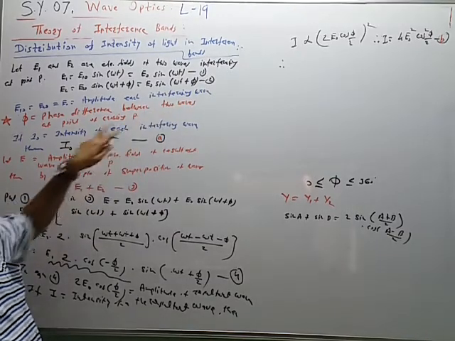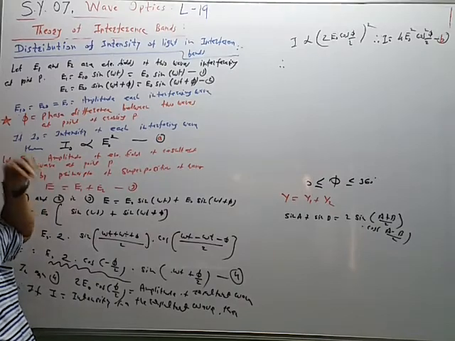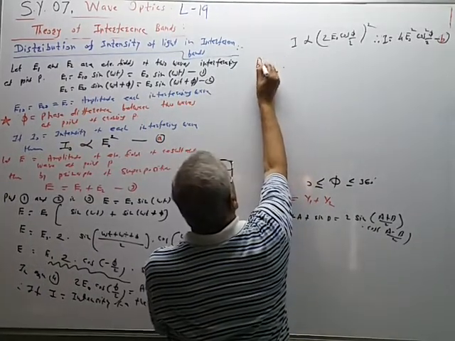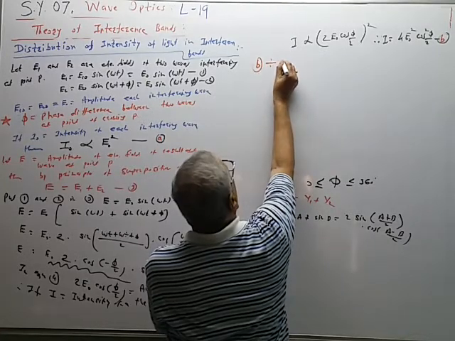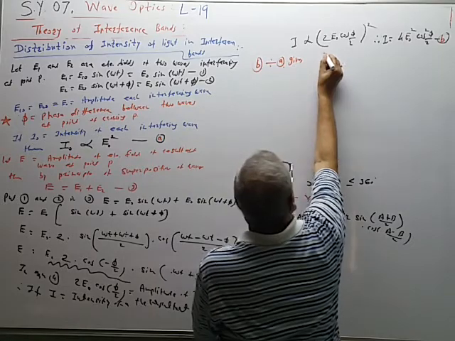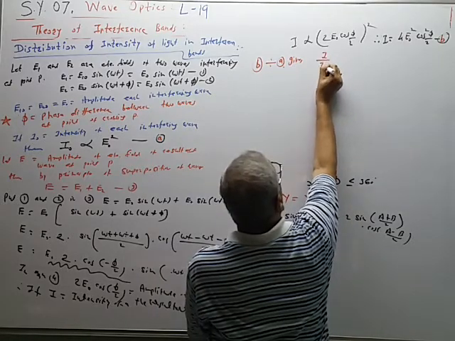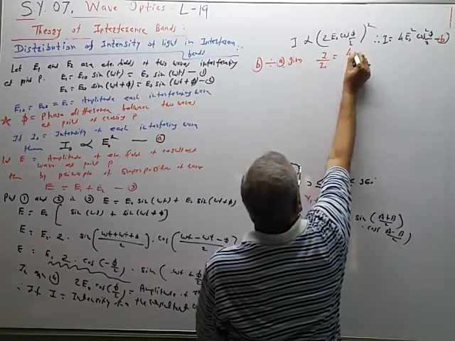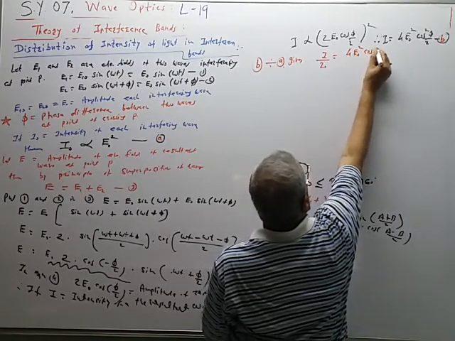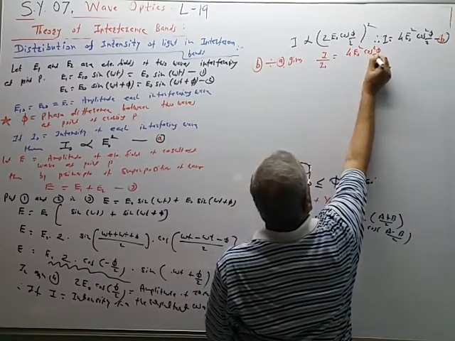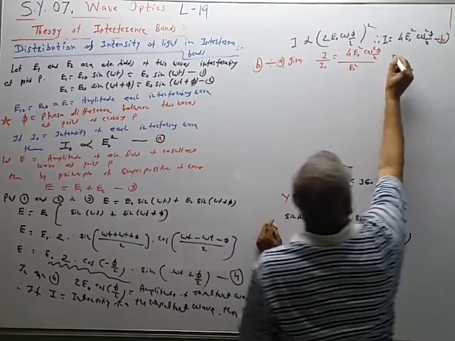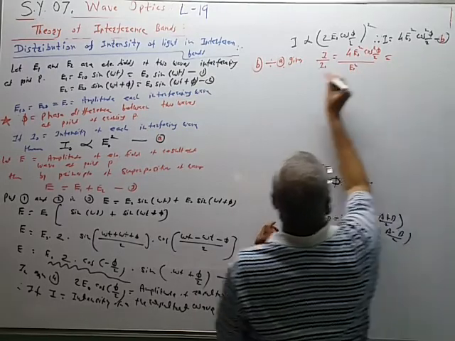So you can take the ratio of resultant intensity and individual intensity, B by A. It gives I, the resultant intensity, upon I0, the intensity of each wave, equal to 4 times E0 cos square phi by 2 upon E0 square. The proportionality constant cancels.